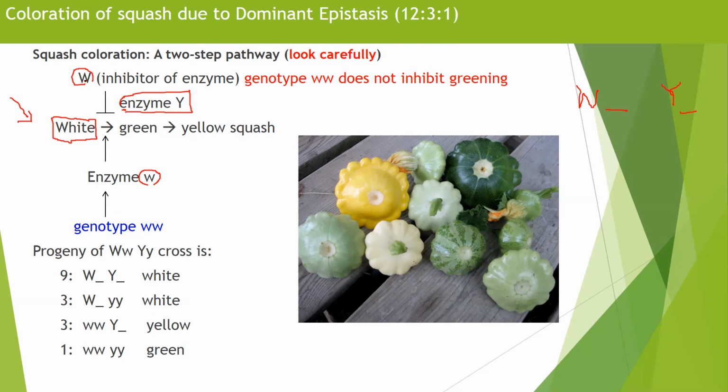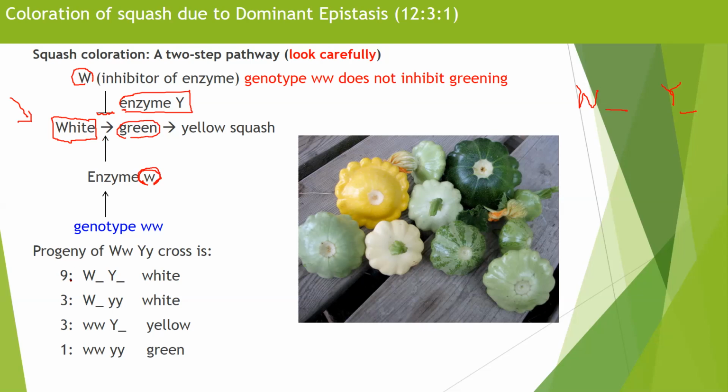So if it is a dominant or wild type, the capital W, it cannot. That's why I put a bar here. It cannot transform the colorless precursor into the green. Only if the W is lowercase, it can. All right. So this is the biology behind.